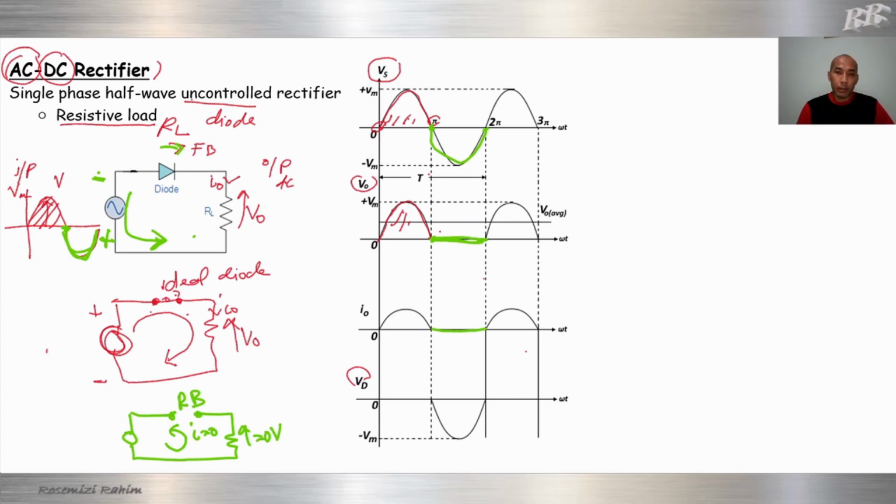In this case, current I naught is equal to V naught over R. I naught is V naught divided by R. So it has the same angle, however the magnitude is less compared to the voltage. Then from 2 pi to 3 pi, we just follow the previous one.